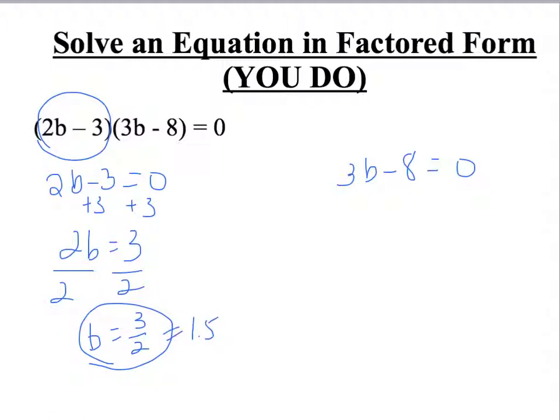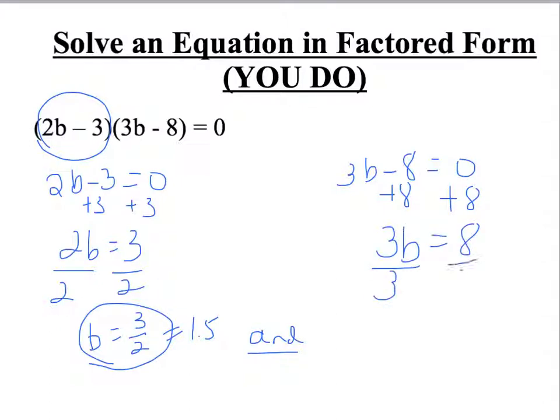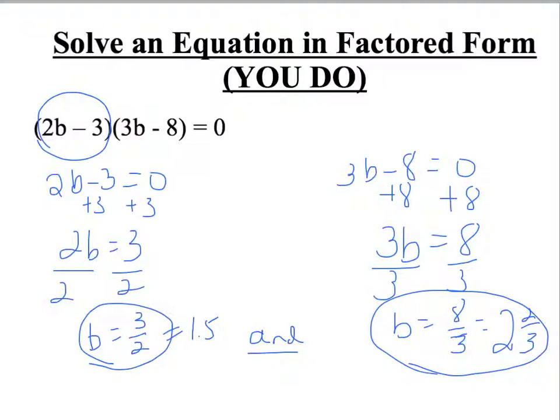Or it can be, and I'm going to add 8, 3b equals 8. So here b is 8/3, or you can also rewrite this as 2 2/3. So you're always going to have 2 answers.